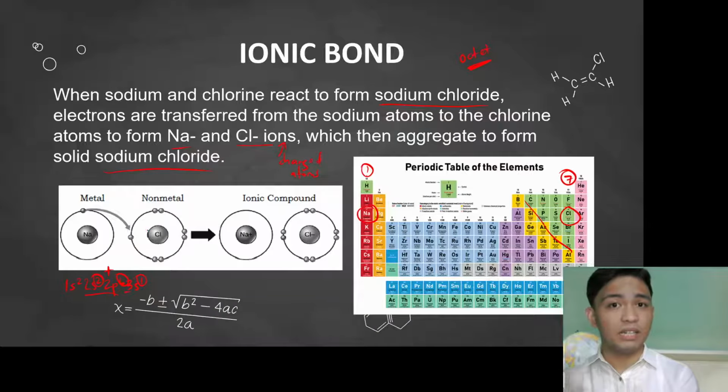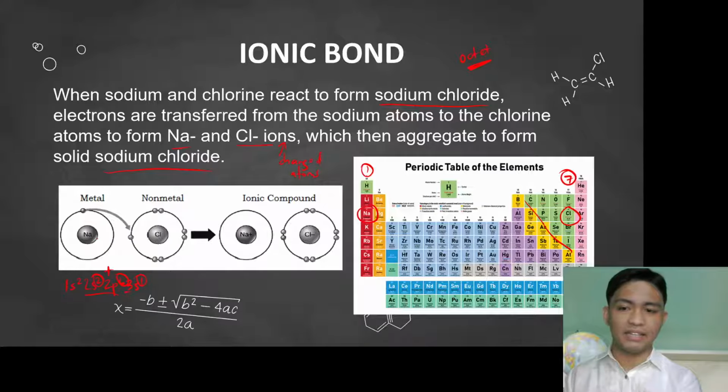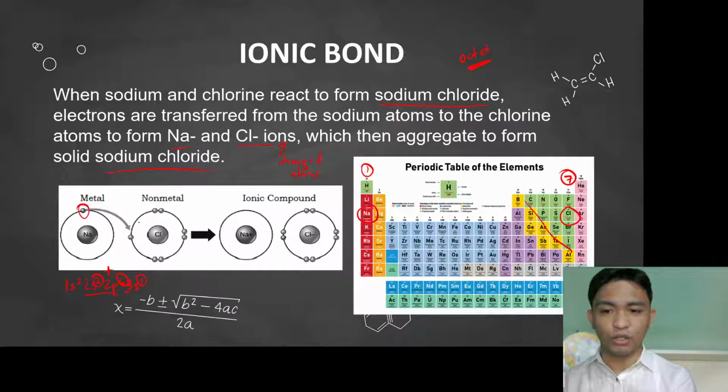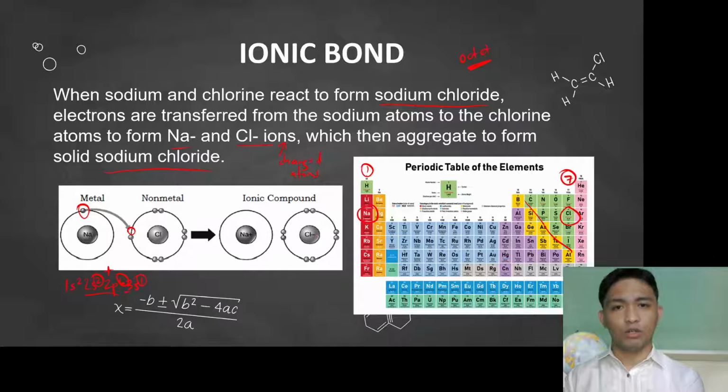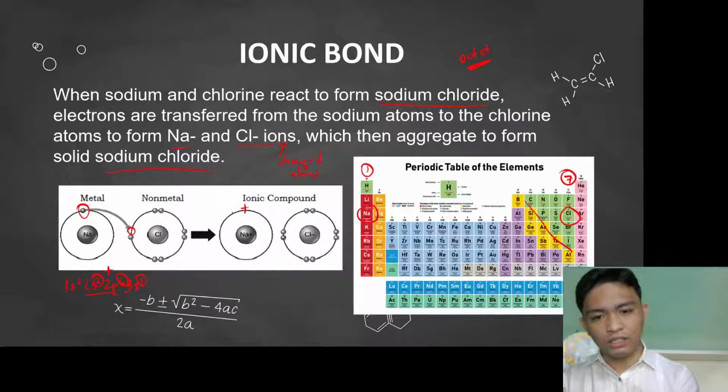So, magiging stable na siya. Si sodium, mas madali sa kanya na ibigay itong electron na to. Kaya, what's going to happen is that sodium will transfer this electron to chlorine. So, si chlorine, madadagan ng isa, magiging 8 na yan. Okay? So, in this way, pareho na silang stable. Now, since si sodium ay nawalan ng isang electron na negatively charged, naging siyang more positive. Naging siyang positively charged.